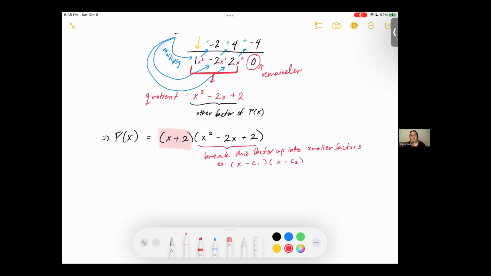And whatever method you use, you will inevitably find that you can't factor it. And this is because it requires a complex number, a complex zero. And the only way you're going to find that is by using the quadratic formula. So we need to break this factor up into smaller factors by using the quadratic formula.